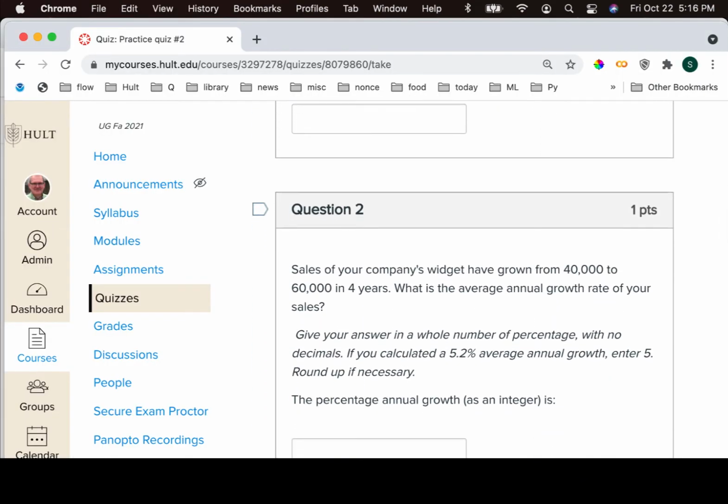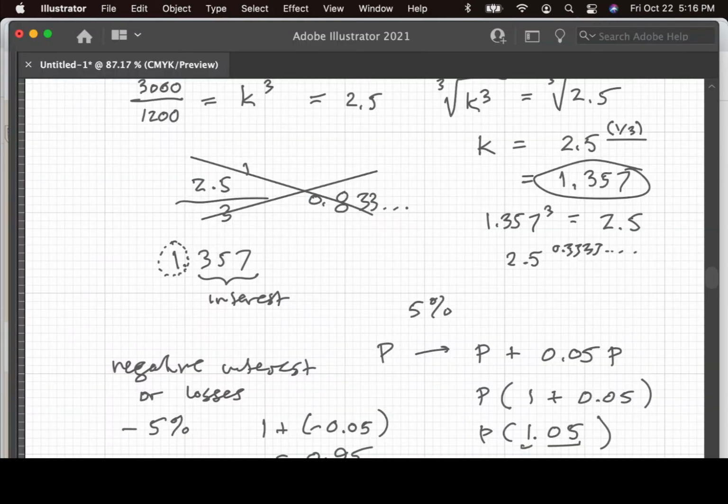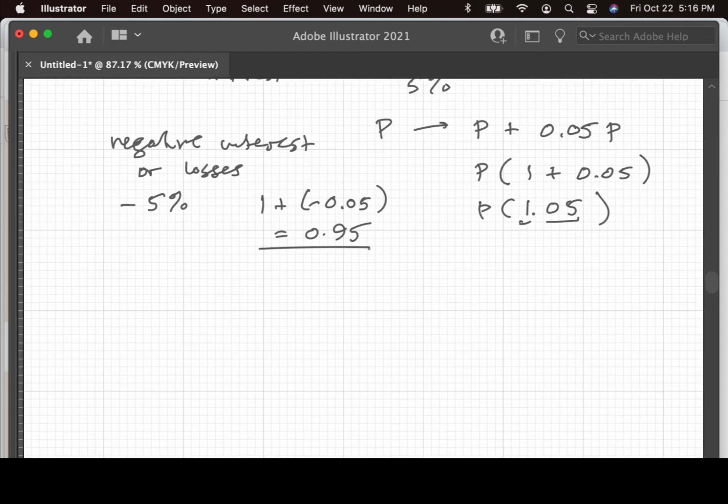Same deal, we go from 40,000 to 60,000 in 4 years. What's the average annual growth rate in sales to go from 40,000 to 60,000 in 4 years? So let's make some space. Some growth rate raised to the 4th power.